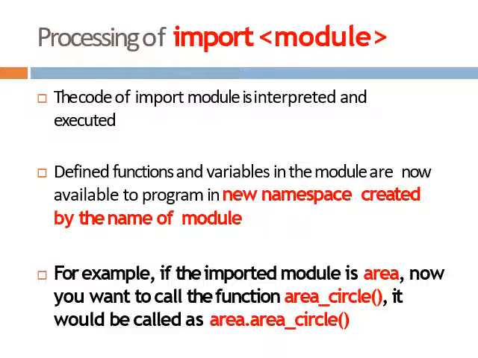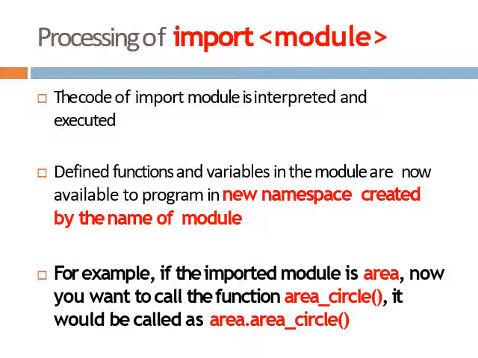After understanding the word namespace, let us get into the processing of import module. This import module statement will be interpreted and executed by Python, and it creates a namespace with the same name as the module. Suppose the module name is area, the namespace name will also be area, and in that namespace, the defined variables and functions will be available for a program to execute.